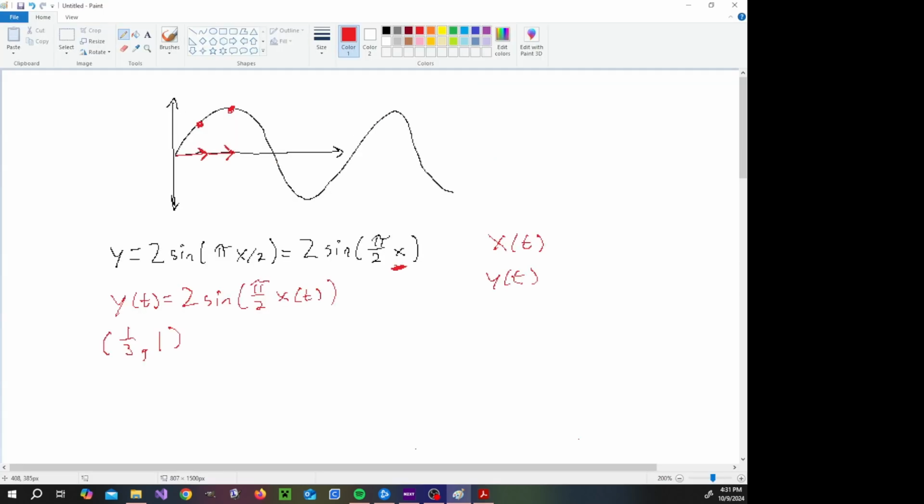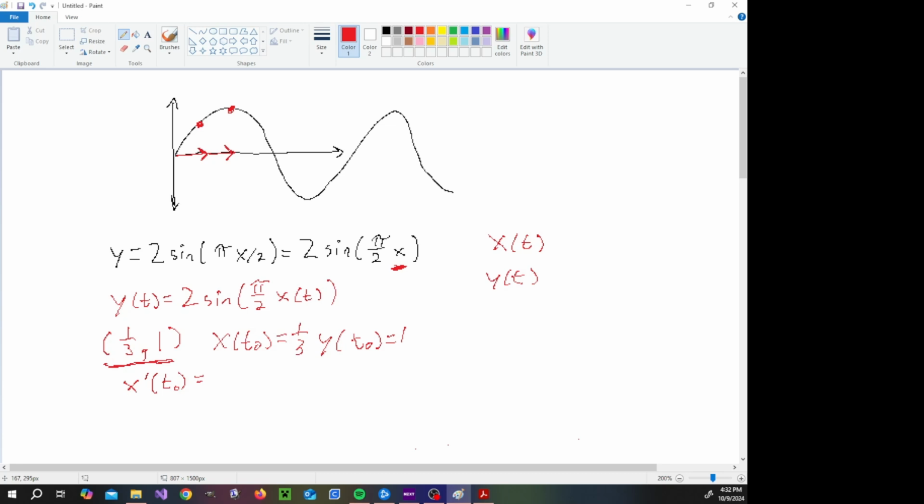So the x coordinate has that speed, which really means x prime of t at whatever moment gives us 1/3. X at that time is 1/3, y at that time is 1. That's what this coordinate means.